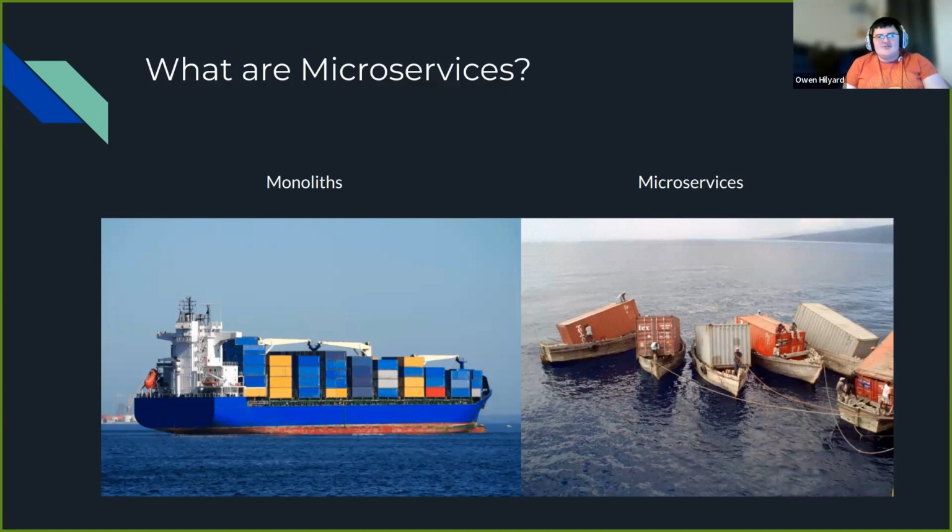So for the purposes of this, microservices are a distributed monolith, but with a solid API contract, and each service is implemented independently as a black box to all the other ones.